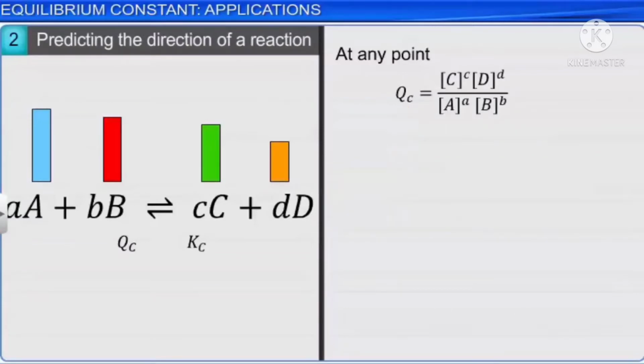For a general reaction of the type a moles of reactant A and b moles of reactant B reacting to give c moles of product C and d moles of product D, the reaction quotient Qc is expressed as the product of the concentration of C raised to the power of c and the concentration of D raised to the power of d, divided by the product of the concentrations of A raised to the power of a and B raised to the power of b.